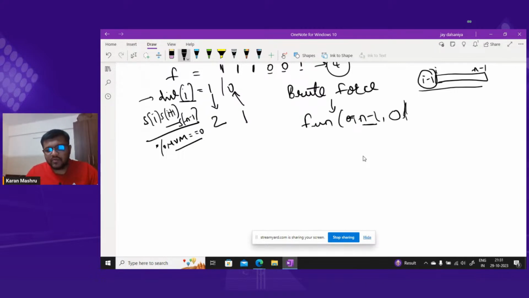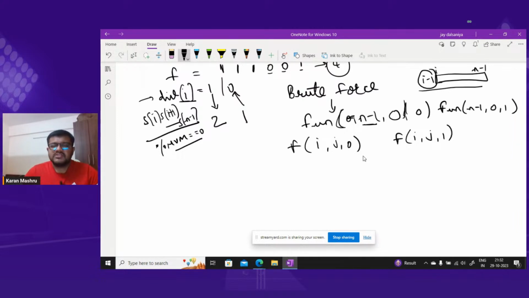So basically, what I am trying to do is make a recursive relation. So f of i, j and 0, and f of i, j and 1. Here I can call two functions. One I can call with n minus 1, 0, 0, and I can call the function with n minus 1, 0 and 1. So what does this say? This is the starting point.